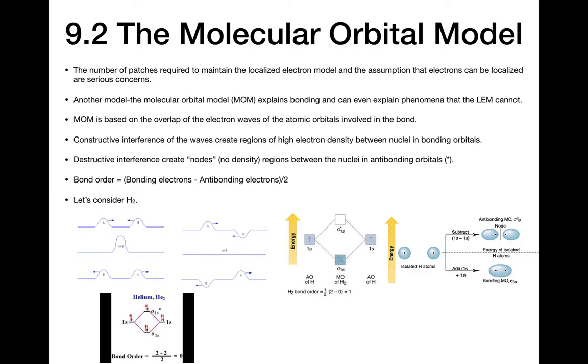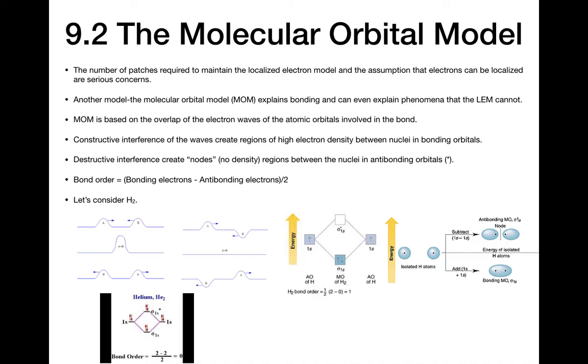Okay, so that wraps up the localized electron model. As you saw with the localized electron model, we did require a number of patches to the model. I'm sure some of you have had some issues with the idea of electrons being localized, since the whole atomic model of the atom shows electrons as spread out and smeared out in clouds.